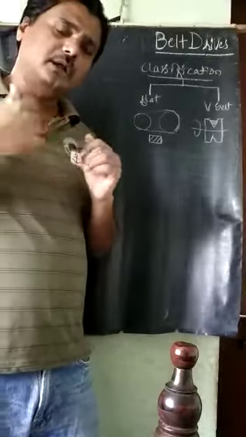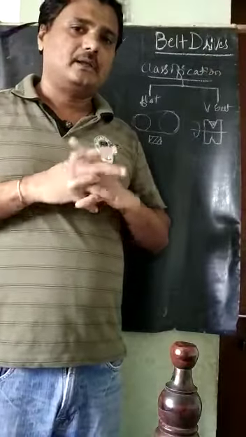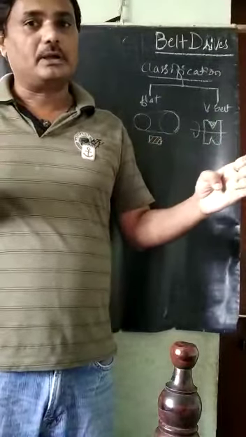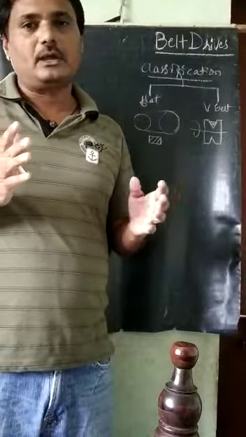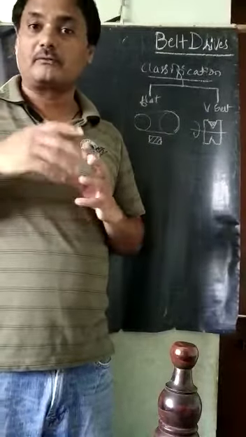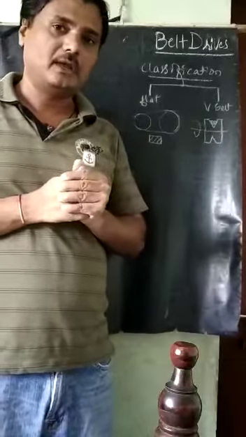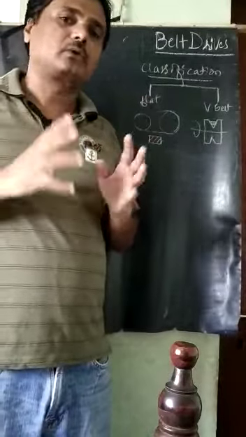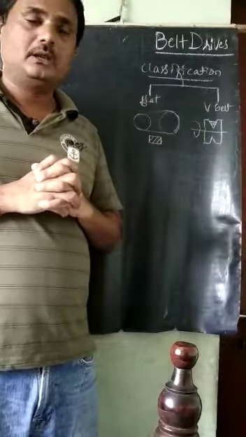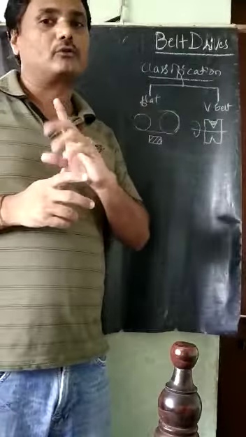Another comparison: if the distance between the shafts is very large, sometimes more than 10 meters, up to 15 meters, then if we want to transmit power, the flat belt is more suitable.